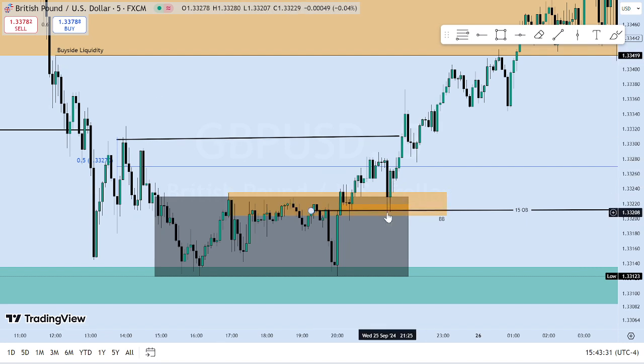If you entered here and put your stop loss around here, once price moves out of your break even, the place you enter trade, and moves in profit, you can take the stop loss that you placed here and put it at the place you entered the trade. When you do that, you are risk free.